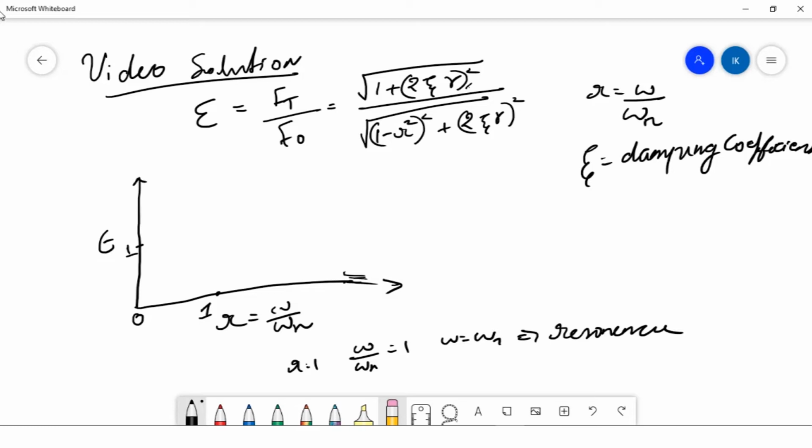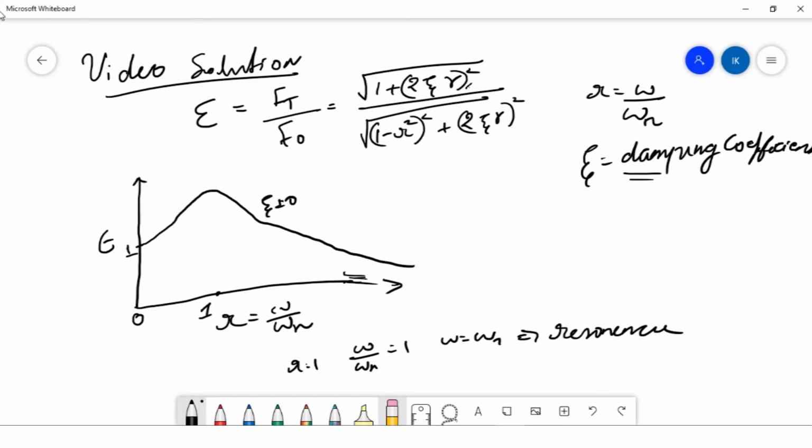Now if we plot this graph for different values of the damping ratio, the graph will look like this. It reaches a maximum around omega equal to omega n, and then it goes to 0, approaches 0. This is for zeta not equal to 0.